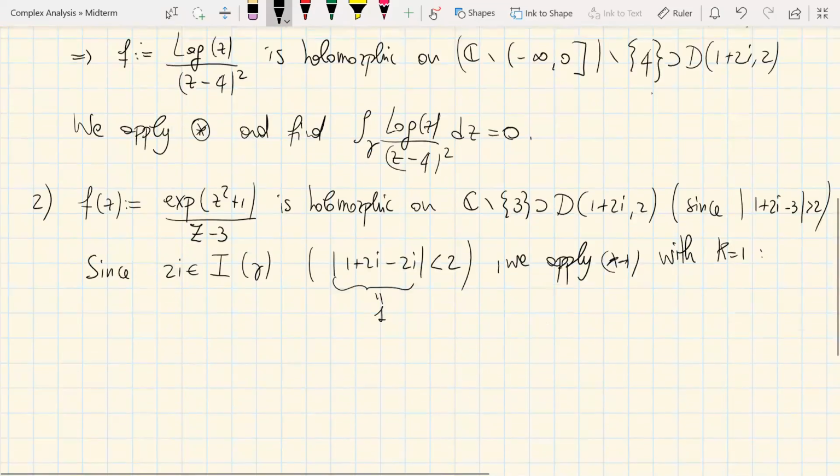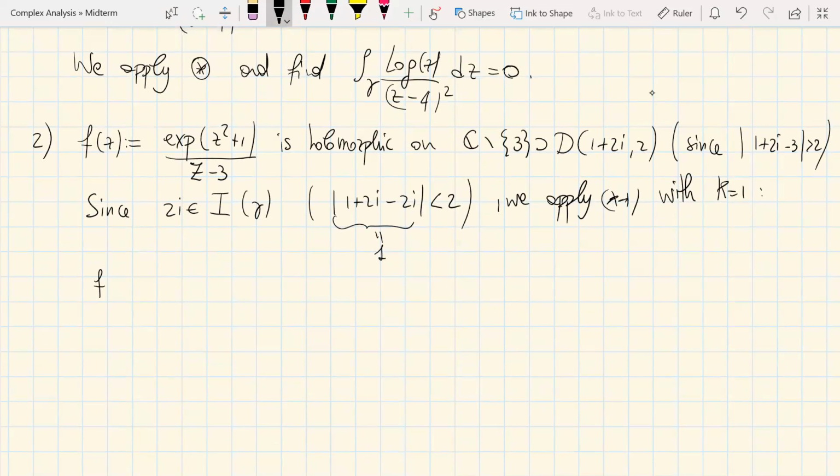Okay, and then what we get is that the first derivative at the point 2i is equal to 1 factorial divided by 2 pi i, times the integral of the function f(z) dz over (z minus 2i) squared, which is exactly the number we wanted to compute.